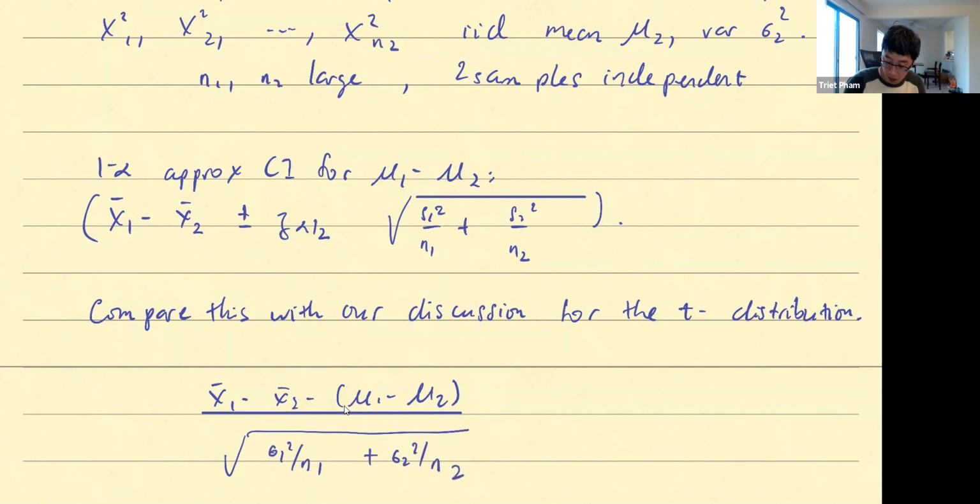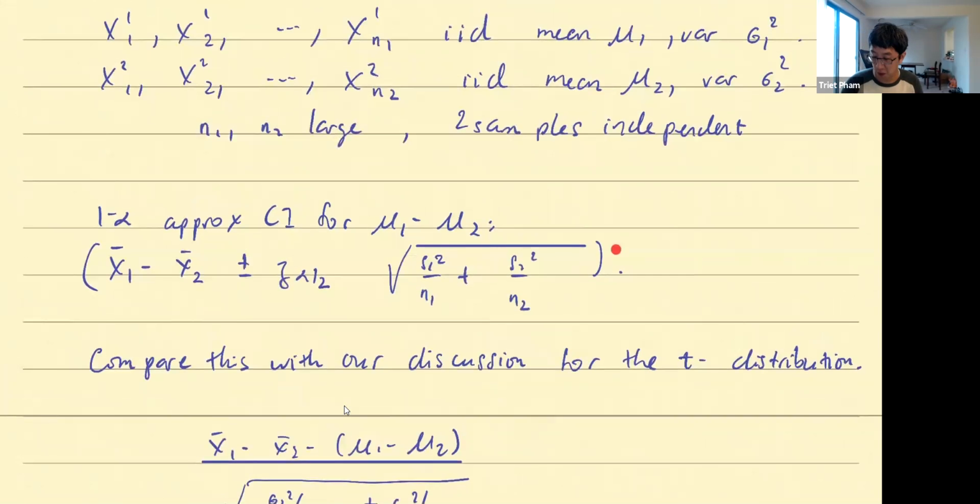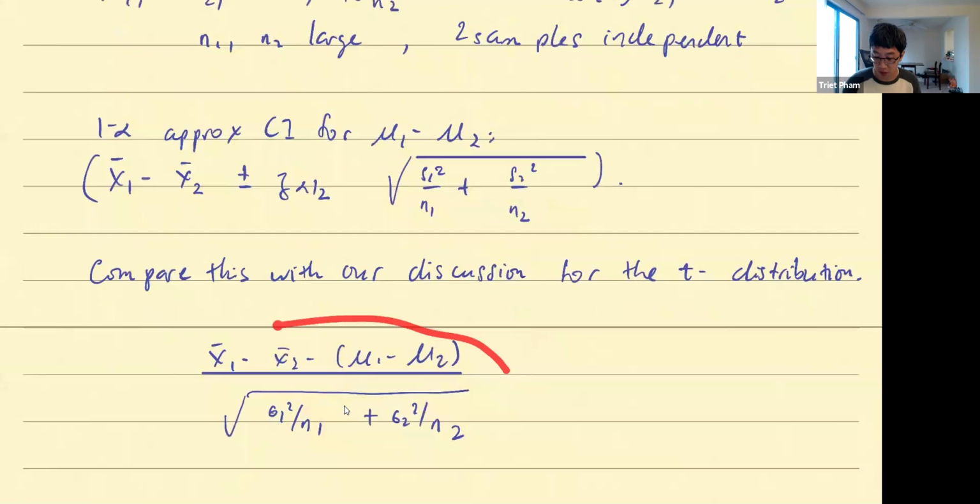But this is because sigma 1 and sigma 2 are unknown. We don't know what to do about it. If we replace them with S1 and S2, then we don't know what the distribution is. All these difficulties. And by the way, that discussion was still under the normal assumption. So we needed to assume that these are the same, etc., to pull out the pooled variance. None of that happens here. It's as if you're oblivious to every one of those facts and you just do this, and you say standard normal. It's as simple as that.